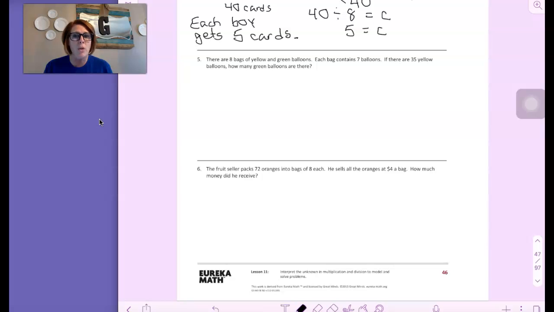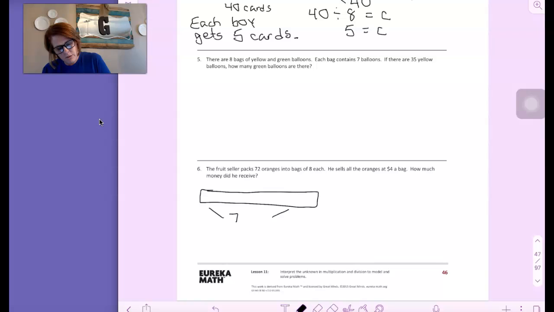He sells all the oranges at $4 a bag. How much money did he receive? Well, we don't know how many bags he sold. We just know that he has 72 oranges and there's 8 oranges in each bag. So let's show that on a tape diagram.